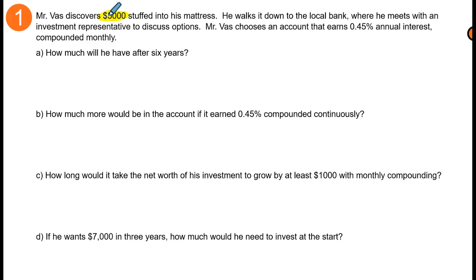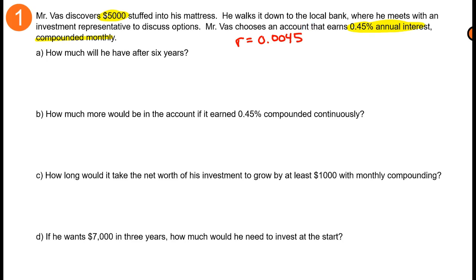We also have an interest rate, and that's compounded monthly. That interest rate is written as a percent, and we need to remember that as a decimal it's 0.0045. All of our rates we need to express as a decimal, not as a percent.